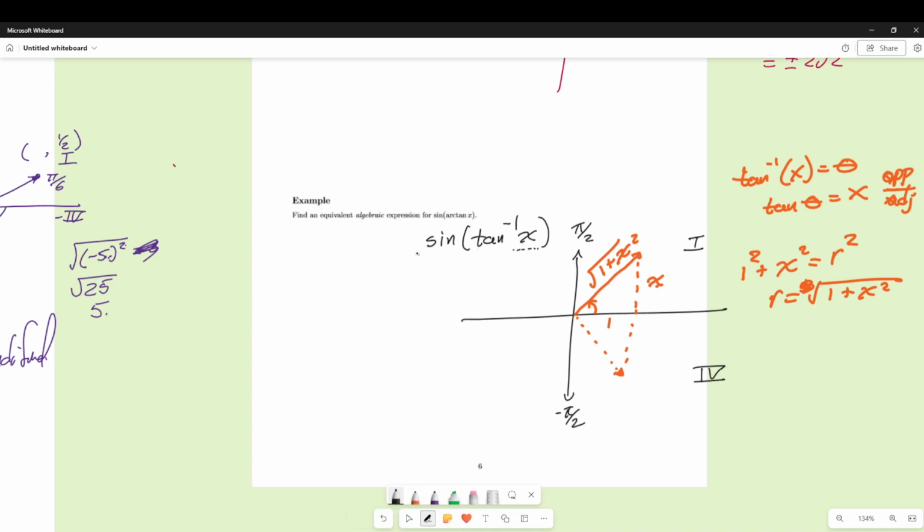And we want to know the sine of this angle. Well, sine is supposed to be opposite over hypotenuse, so the opposite is that x, positive or negative, and the hypotenuse is that square root of 1 plus x squared, so that is the equivalent algebraic expression.